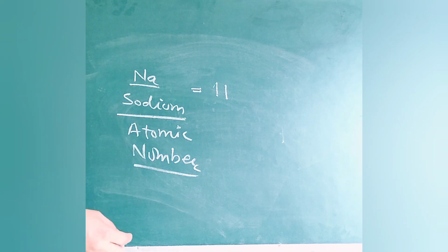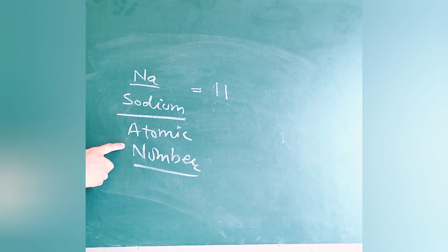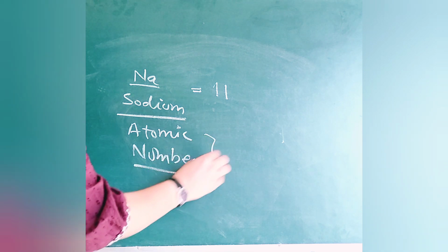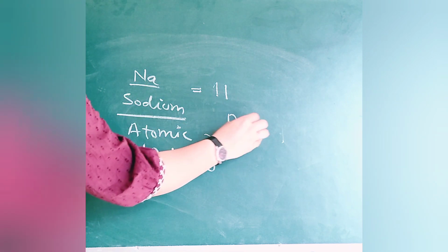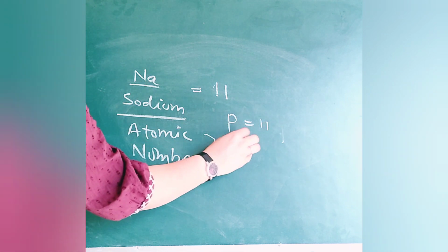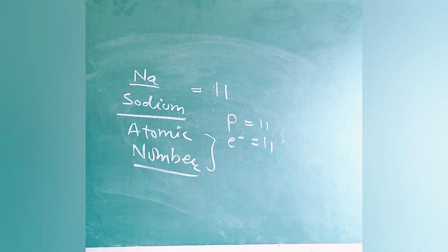And if the question will be there, tell me about the number of protons in sodium, that will be 11. Because number of protons are equal to number of electrons. So protons equal to 11 and number of electrons equal to 11.